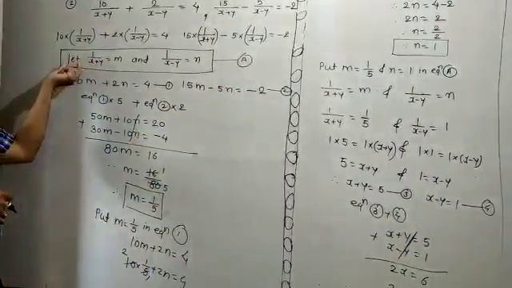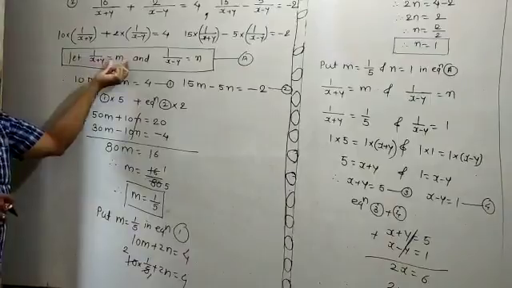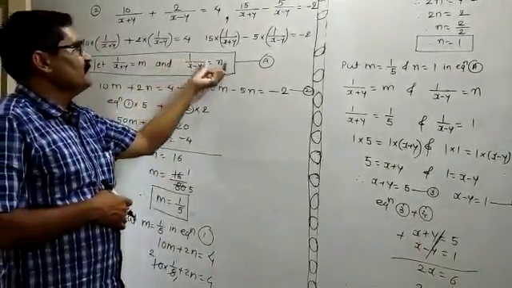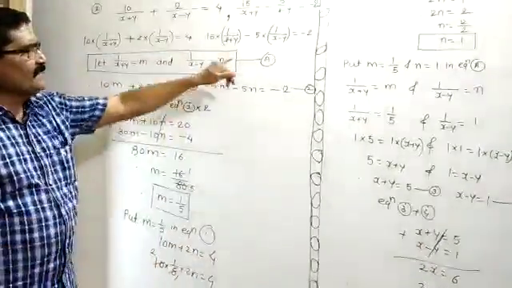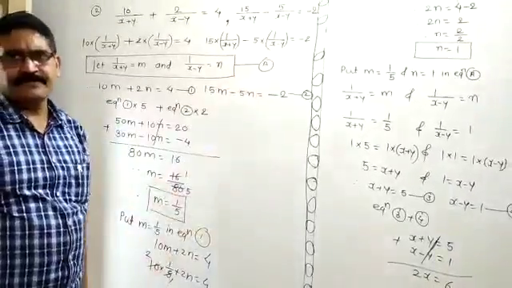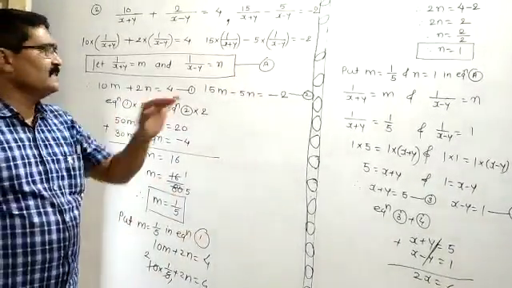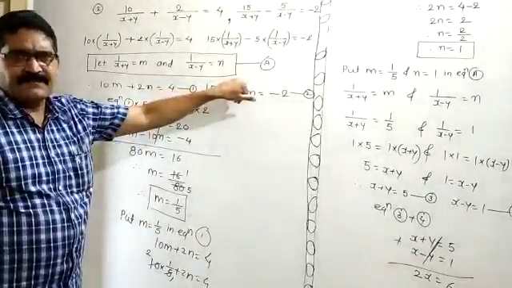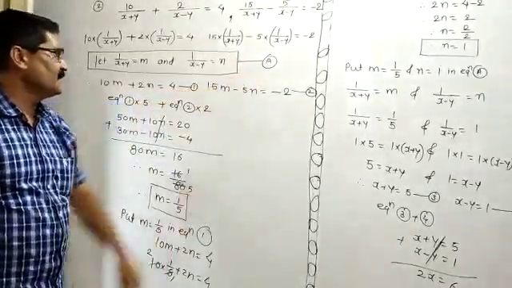So let 1 upon x plus y is equal to m and 1 upon x minus y is equal to n, and consider this equation as A. Keep in mind, give a proper name to this equation.